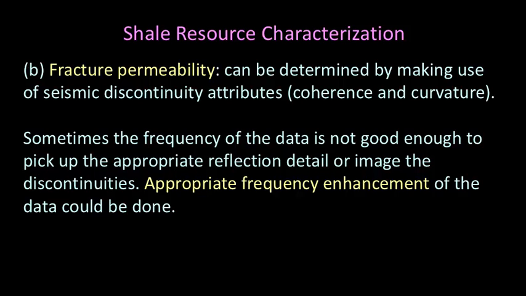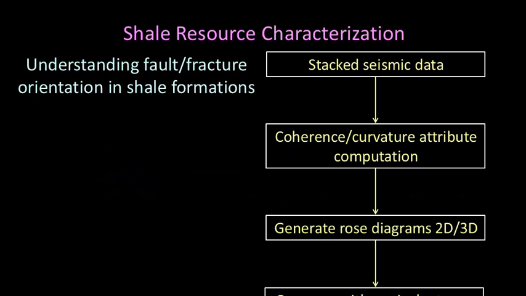So that is something you have to keep in mind when you're going ahead with the application of these kinds of attributes. A workflow you can think of is this: we have the stack migrated final data that you are interpreting on your workstation, and you can determine coherence and curvature attributes. Obviously, I'm not going to go into the details of how we do this, because I've been talking about that for so many years.